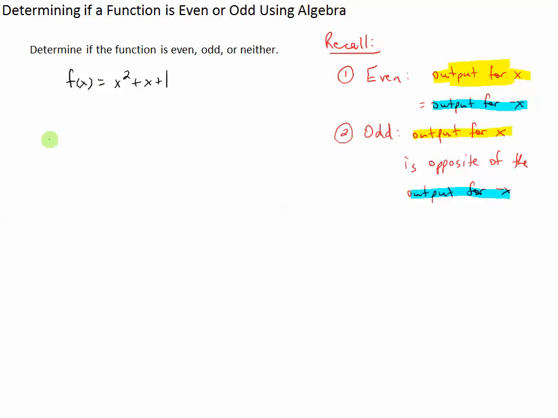So what we'll do first is we will look at the output for x. In other words, f of x. The output for x is x squared plus x plus 1. Okay? The output for negative x is what you get if you plug in negative x to this function, which is negative x quantity squared plus negative x plus 1.